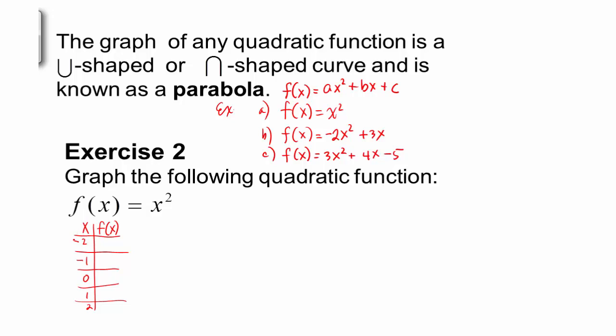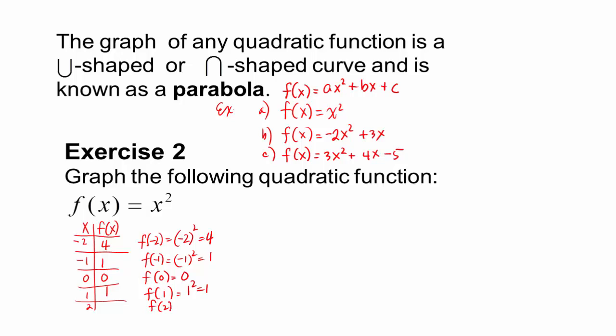When you say f of negative 2, you plug in negative 2 for the x, so negative 2 squared is 4. F of negative 1 is negative 1 squared, which is 1. F of 0 is 0 because 0 squared is 0. F of 1 is 1, because 1 squared is always 1. And f of 2 is 4.